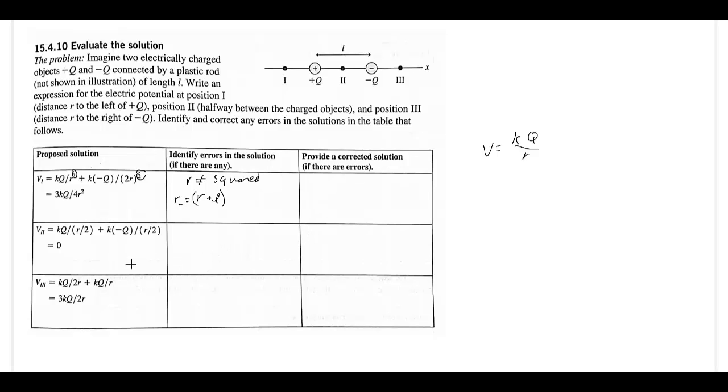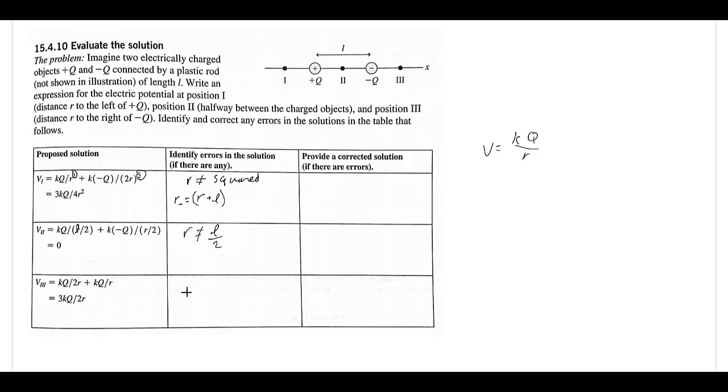In this one, again, it's saying r over 2, r over 2. The rest of this is fine, but I would call this L over 2. So r does not equal L over 2. That is an assumption that you would be making.